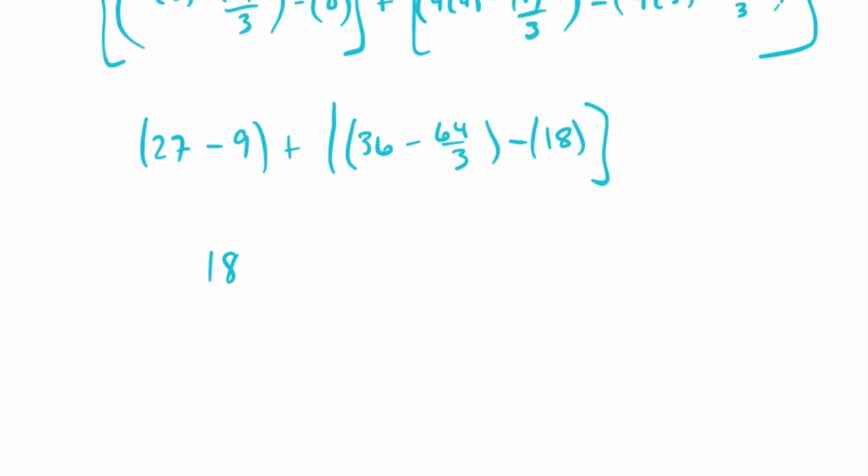18 plus, and that's the absolute value, but that's going to be positive anyway. You want to make sure we take the absolute value after we've done all of the addition and subtraction on the inside here. So this is going to be 18, 36 minus 18 is 18. Take away 64 thirds, that's 21 and a third.